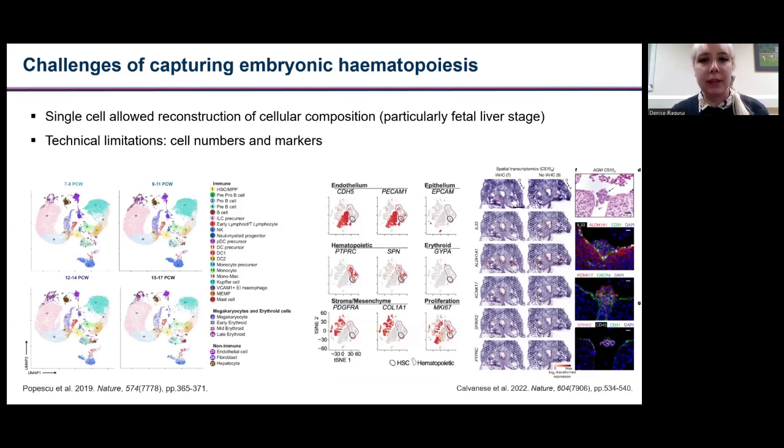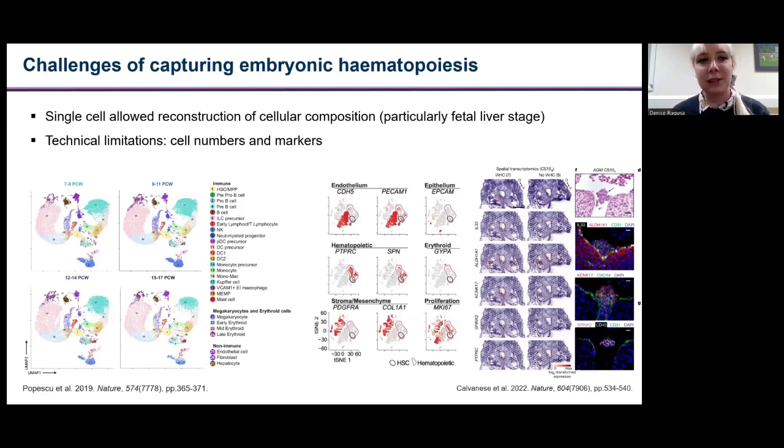And there has been a lot of effort from many different groups to truly map and create these atlases of embryonic hematopoiesis. And this has been particularly true at the fetal liver stage, because that's when you have the majority of cells expanding and are able to be characterized.